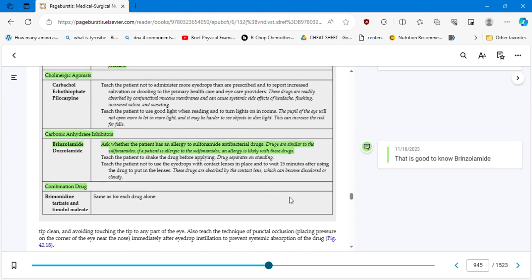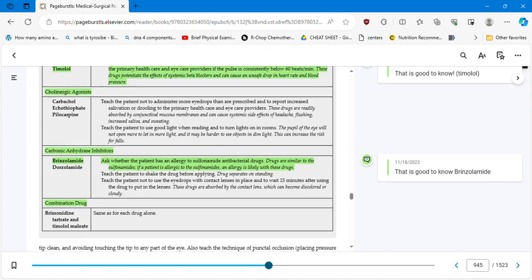Other medications, for example, the brinzolamide is a carbonic anhydrase inhibitor. Ask whether the patient has an allergy to sulfonamide antibacterial drugs. Drugs are similar to the sulfonamides. If a patient is allergic to this type of medication, an allergy is likely with these drugs, and that's good to know. It's all about safety, you see?